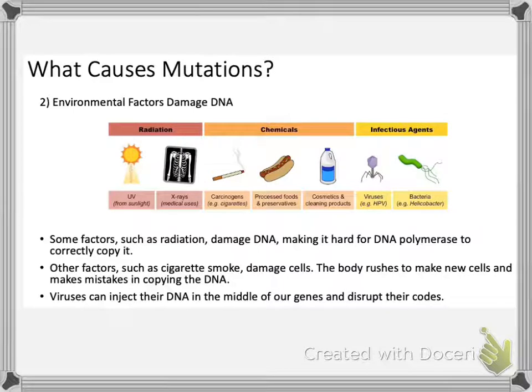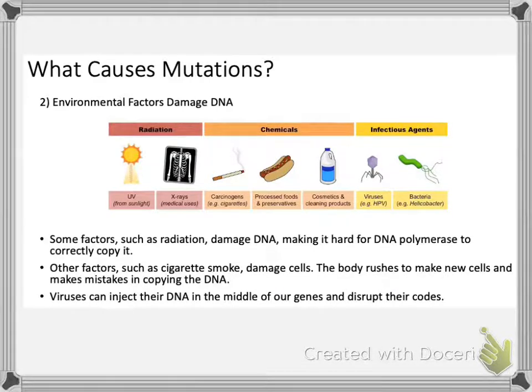Other factors that can also cause damage are different chemicals, like carcinogens, preservatives in foods, chemicals in cosmetics and cleaning products and things like that. All of those can also physically damage the DNA, or they can damage the cells. So for example, cigarette smoke damages your cells.